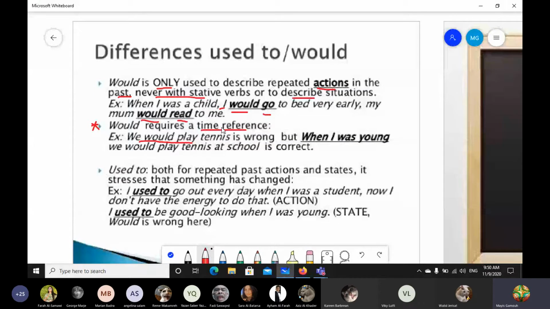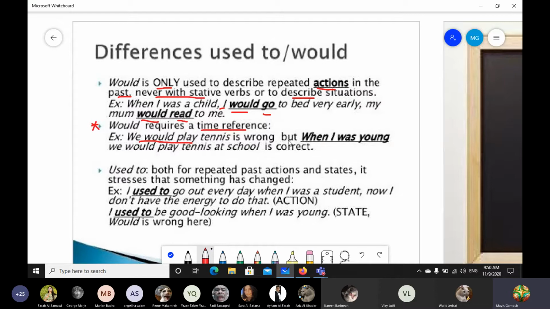وإحنا حكينا إنه would دايما it happens okay أو أنا بستخدمها I use it in the past. معناته هون I should have a time reference in order for my sentence to be correct.